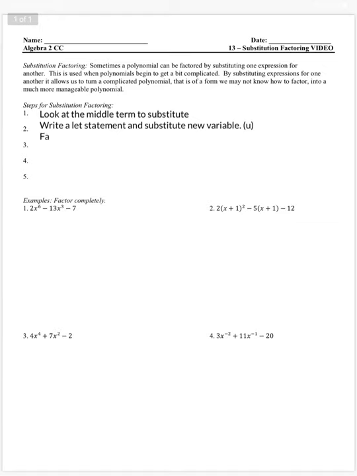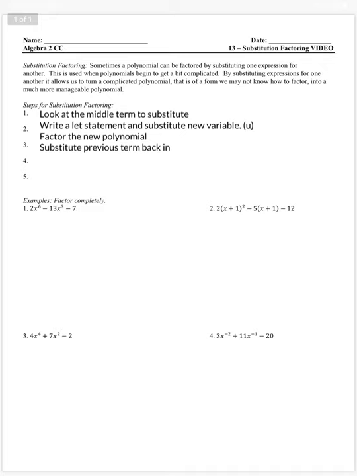Third step, you're going to factor the new expression, or the new polynomial, with your new variable. Once that's factored, you're going to substitute back the previous term.